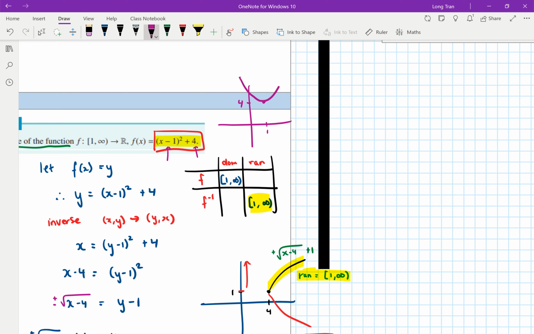And 1 to infinity means that I only sketch from this point onwards, so I don't need that part. So that's what the graph looks like. What is my range? Clearly the range starts from 4 all the way to infinity, so 4 to infinity inclusive.